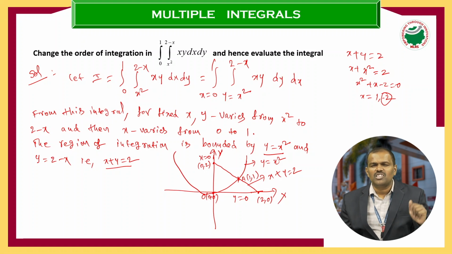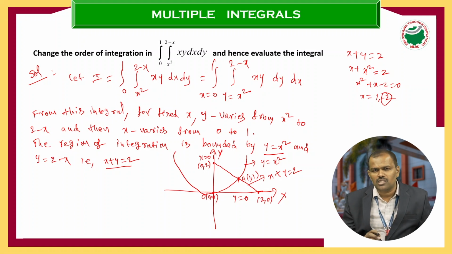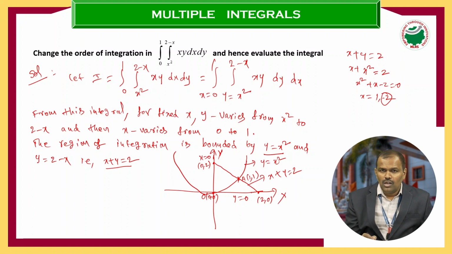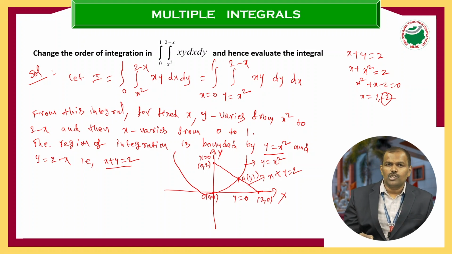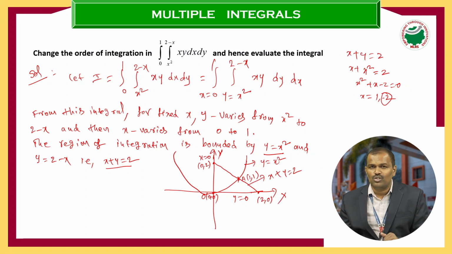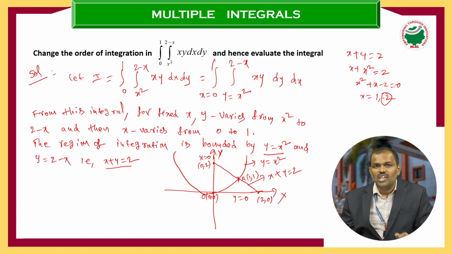So the point of intersection is 1 comma 1. 2 plus 0 is also 2, but 2 is not equal to 0 square, and 0 is not equal to 2 square. So the answer is 1 comma 1.